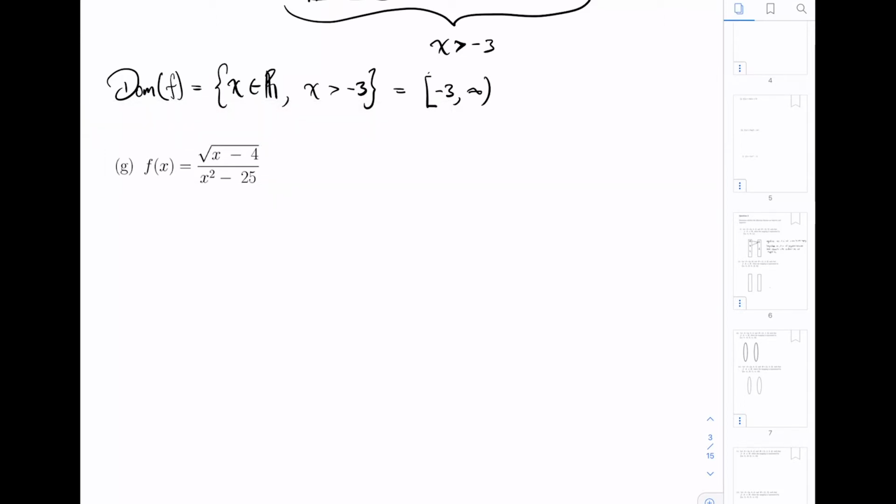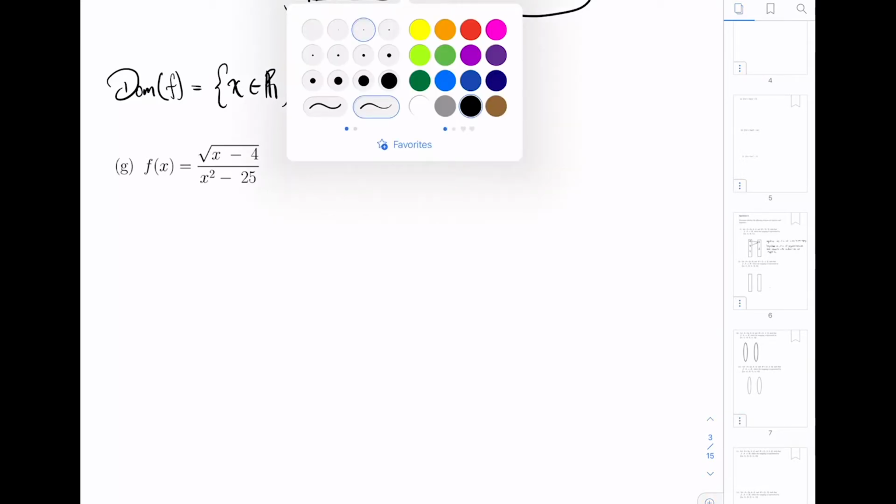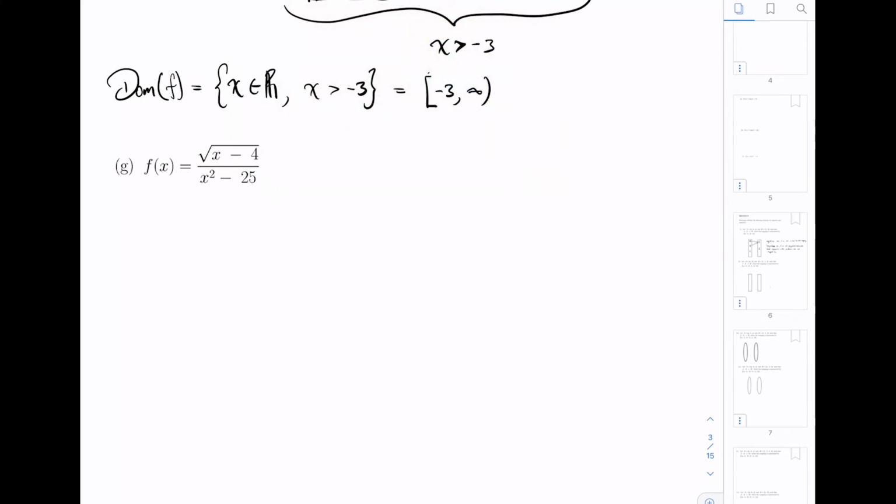For this type of question, we see that we have a radical in our numerator, and a difference of two squares in our denominator. So what type of function is this? A radical function, otherwise called irrational, because the radical is what makes it irrational. So what are the conditions that we need to satisfy here?